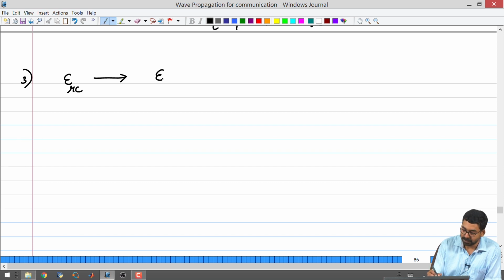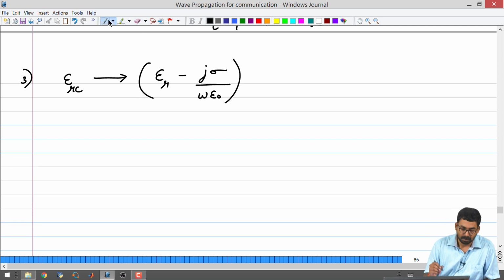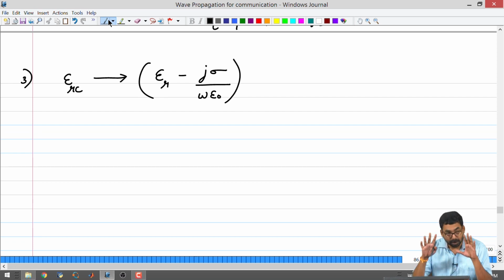Okay. So, epsilon r c, the first thing that we note is, let us write down this expression. It has a real part, it has an imaginary part. One of the things that we notice here is even if you assume epsilon suffix r to be fixed, that is the real part is fixed, say you start with the number 1, and if you start with non-zero sigma and keep it fixed, say also equal to 1.